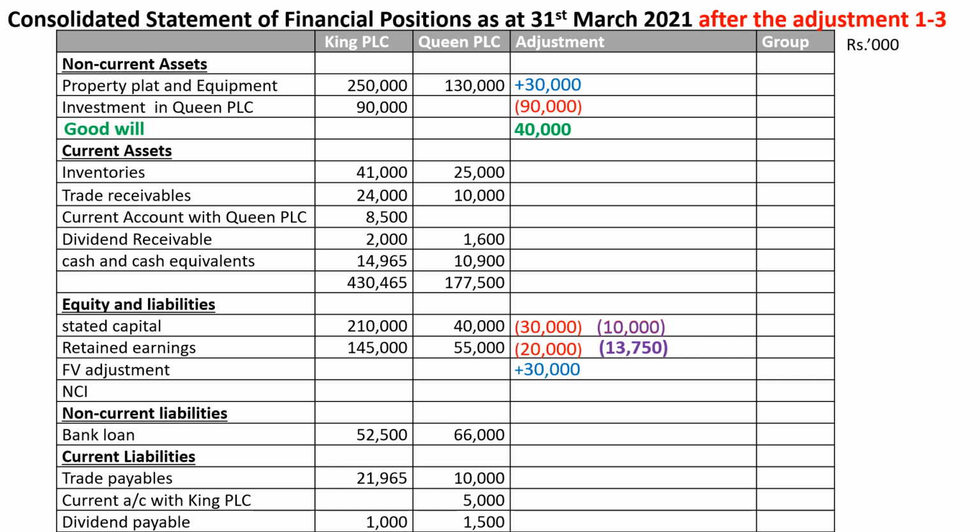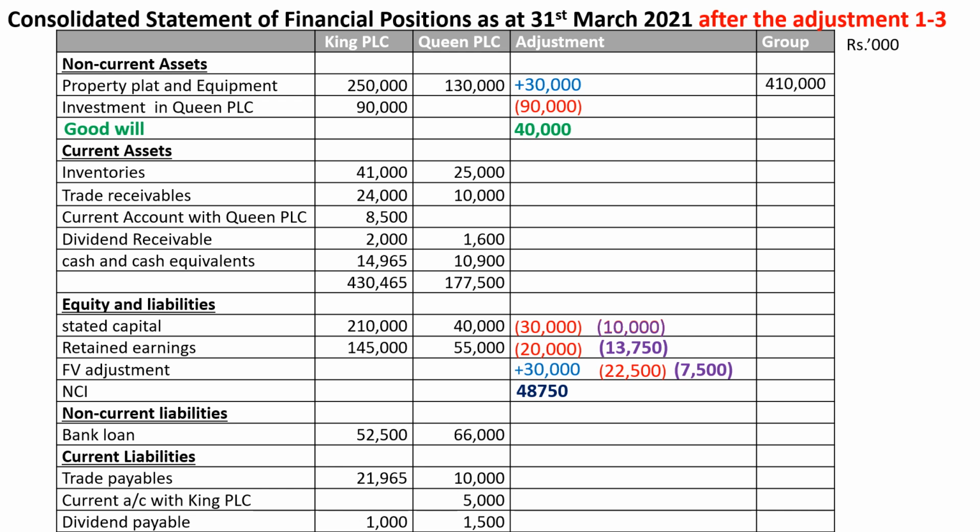Then, for the fair value adjustment, 75% goes to the owners, which is King PLC, and the balance of 7,500 belongs to the non-controlling interest. When we transfer these values as well as the portion of goodwill, the non-controlling interest value will be 48,750.